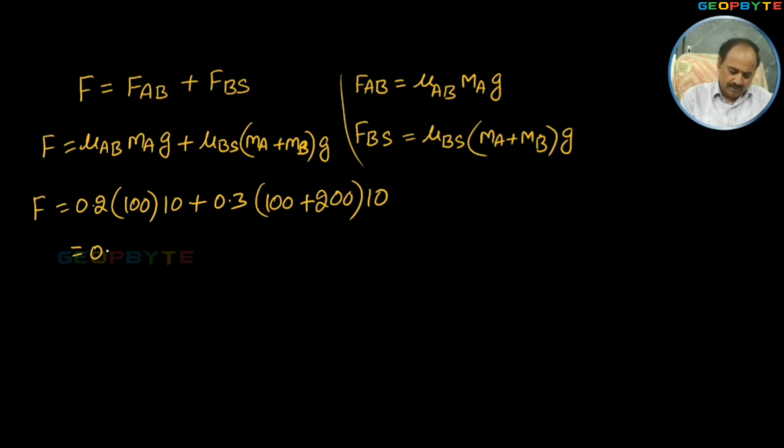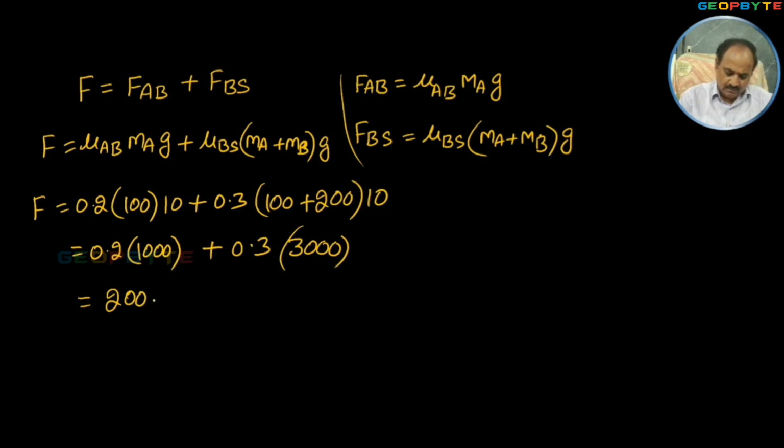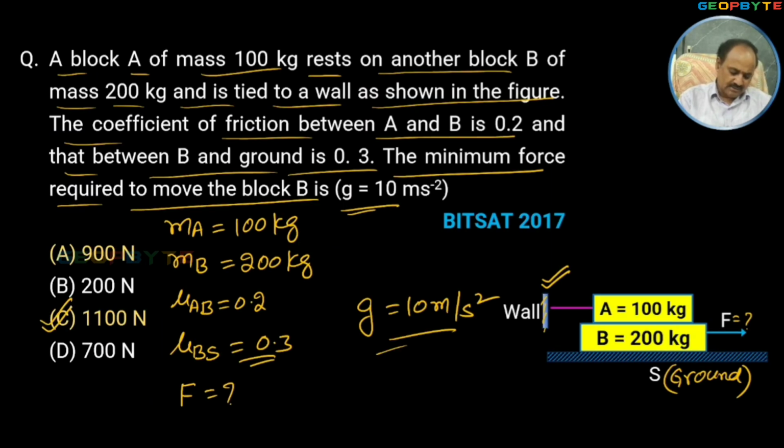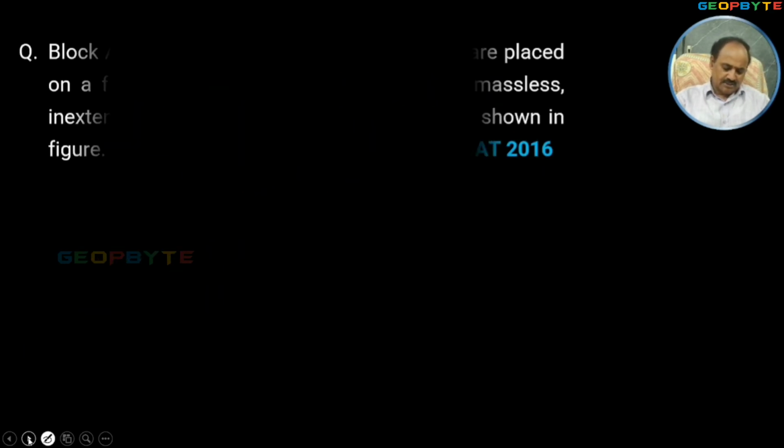Simplify it. 0.2 into 1000 plus 0.3 into 3000. It is 200 plus 900 equals 1100 newtons. That is the force to be applied on the block B to move the block B. Look at the options. Option C is absolutely correct. Understood clearly? Yes.